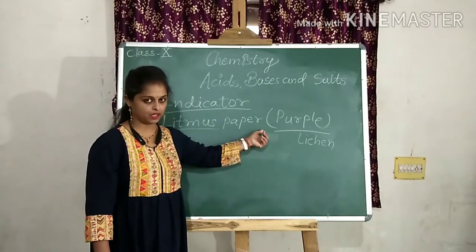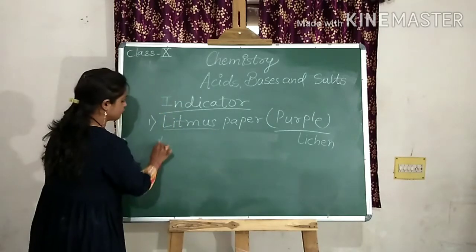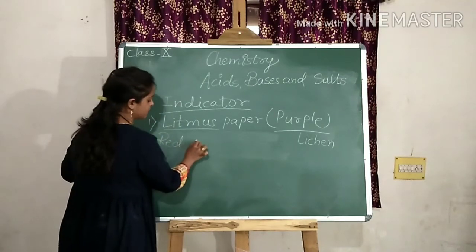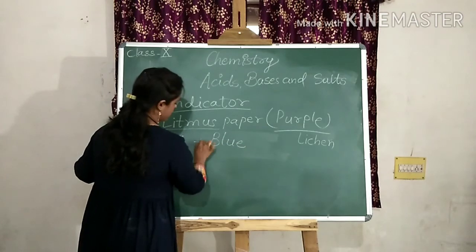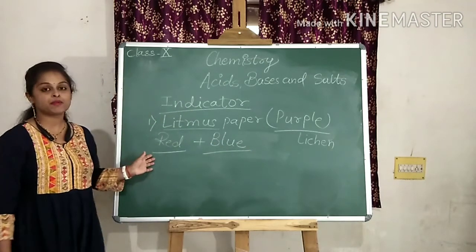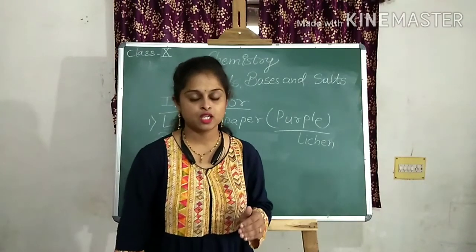Litmus is purple, but for testing purposes it is converted into red litmus paper and blue litmus paper, which we use in our chemistry lab.